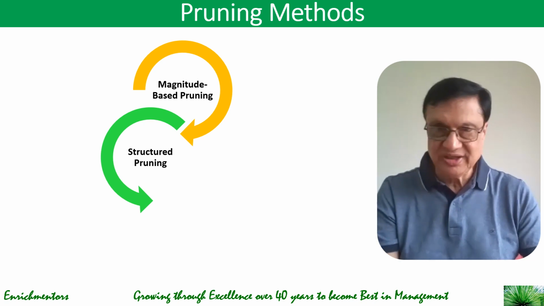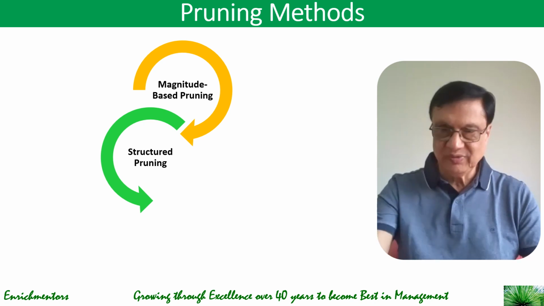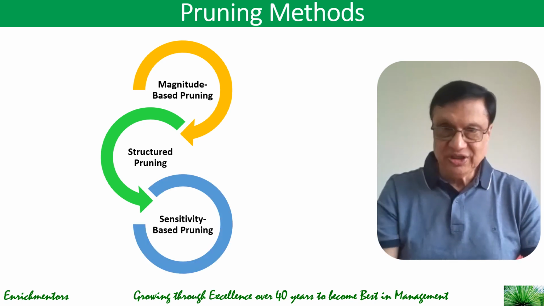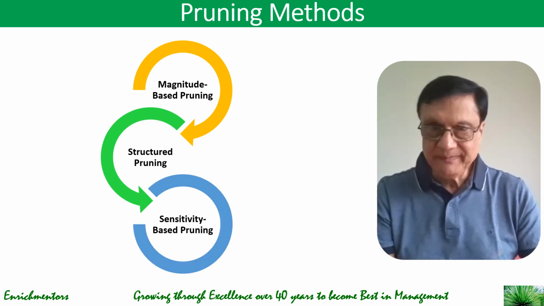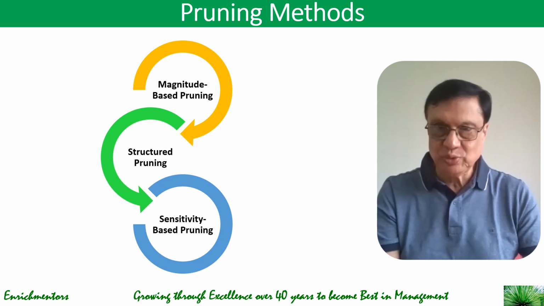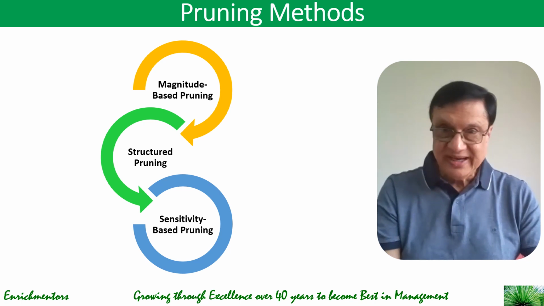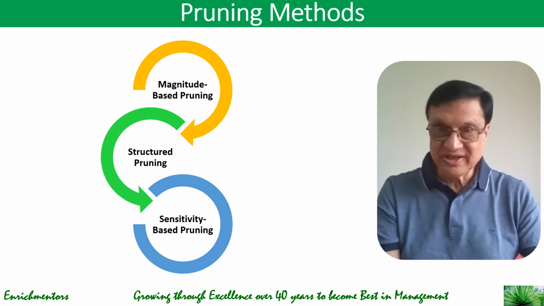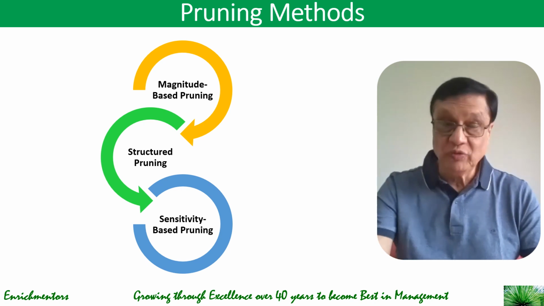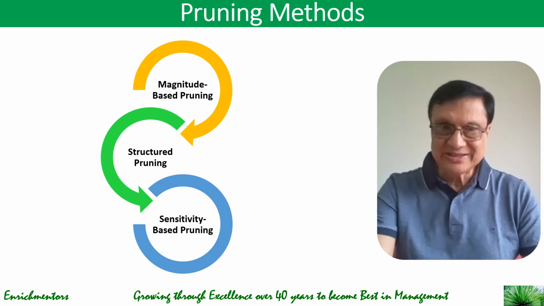And this results in more efficient models as it aligns well with the hardware optimization. Third, you can do sensitivity-based pruning. Here, neurons or connections are pruned based on their sensitivity to the loss function, or the objective function. This method is more sophisticated as it considers the impact on overall model performance. So you're pruning based on what is sensitive to the performance.